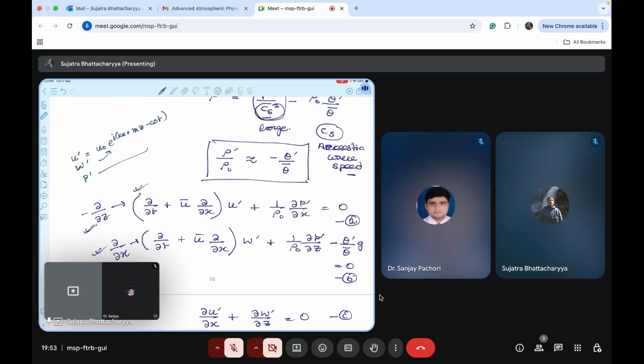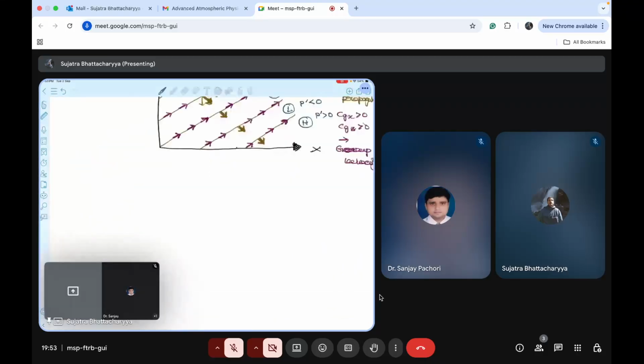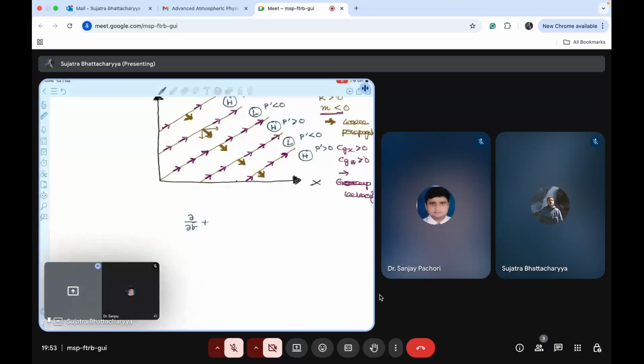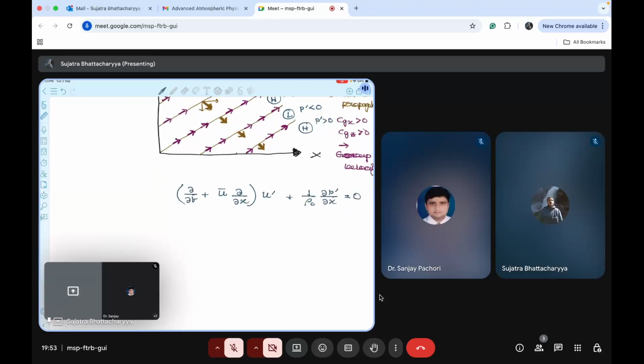So this equation, let me write it here to understand what I'm doing. It is del t plus u bar del x of u dash plus 1 by rho naught delta p dash by delta x. If we assume u dash is equal to some u hat e to the power iota kx plus mz minus omega t, and similarly w dash is w hat e to the power iota, the same thing, p dash is p hat e to the power iota, the same thing.